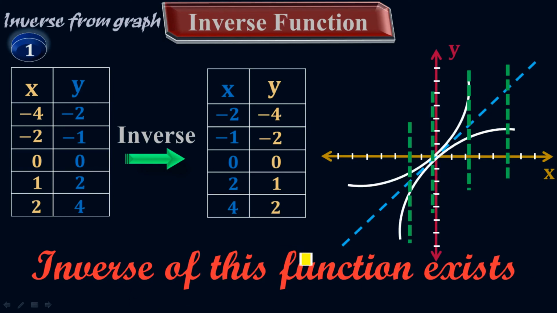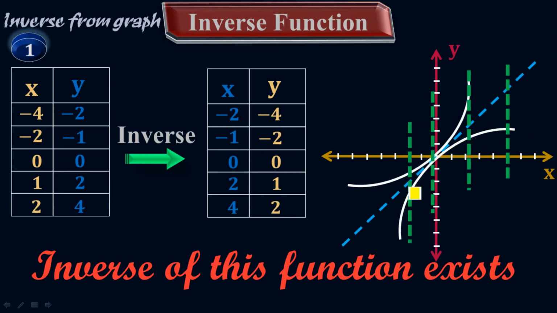By the inverse of this function, I mean the inverse function, not the inverse relation. Inverse relation is just the inverse phenomena of the function. I'm talking about the inverse function. So I repeat it. When you look at this graph, it satisfies the inverse relation as well as the inverse function, because this inverse function is a proper function.